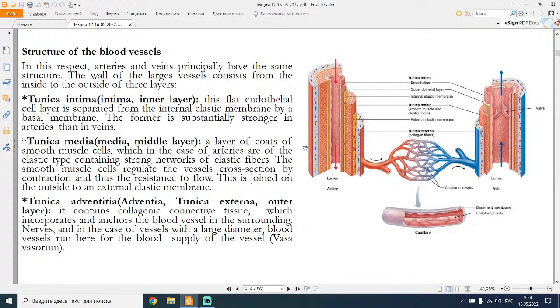Tunica adventitia. It contains collagenous connective tissue, which incorporates and anchors the blood vessels with a large diameter.